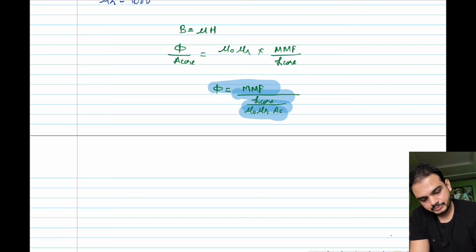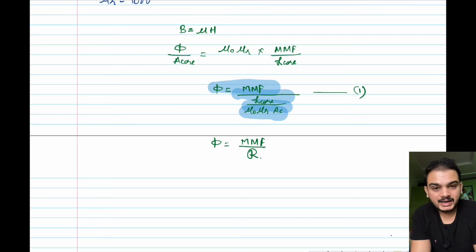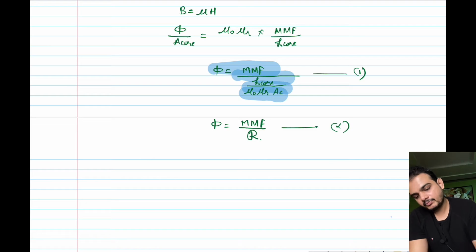Now compare this equation 1 with flux is equal to mmf by reluctance. This is nothing but Ohm's law for magnetic circuit. Flux is equal to mmf by reluctance. This is equation 2. Now compare 1 and 2. What we will get?